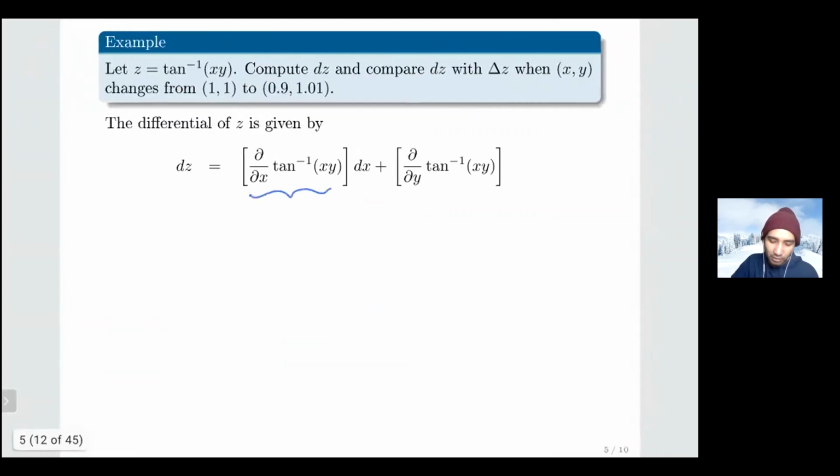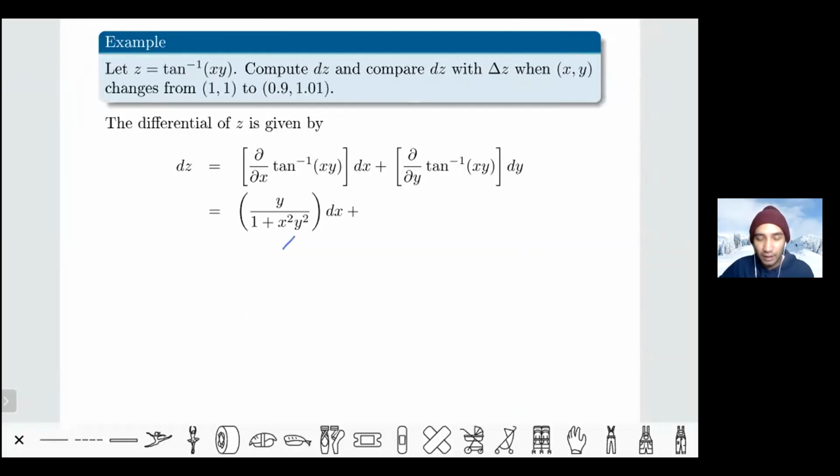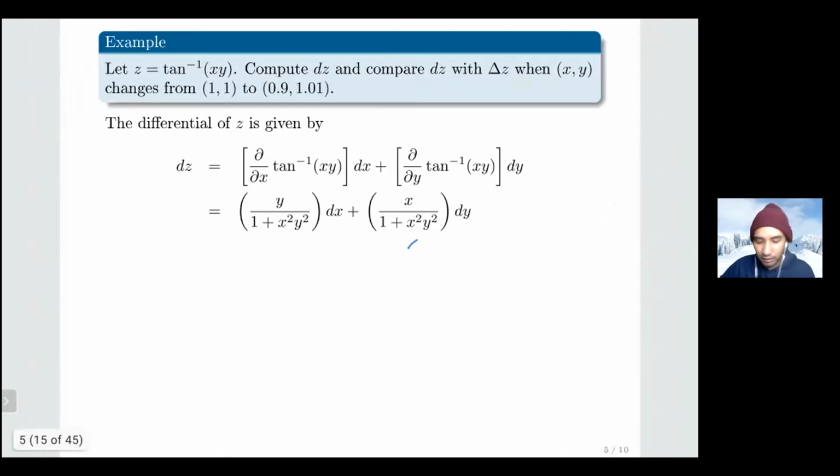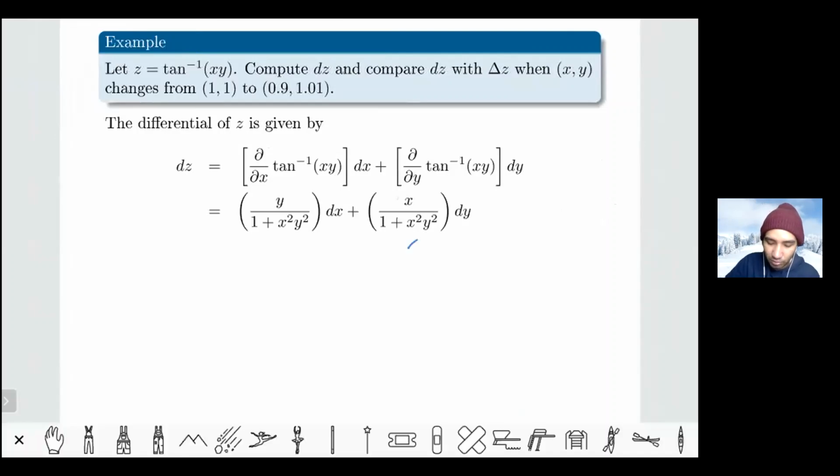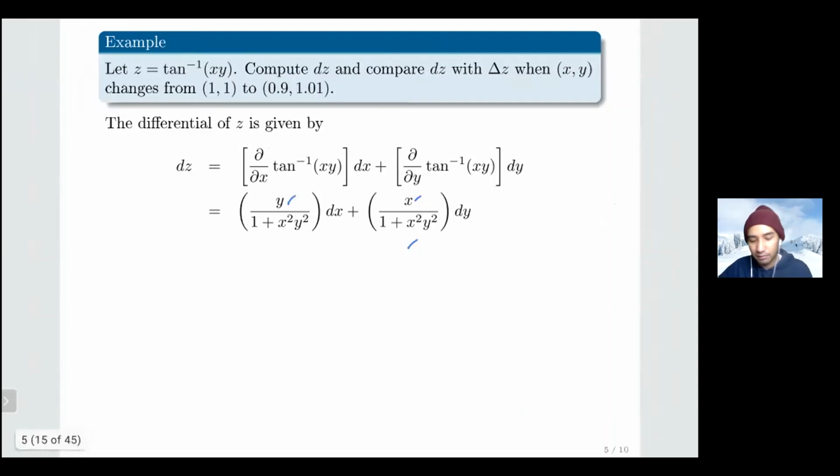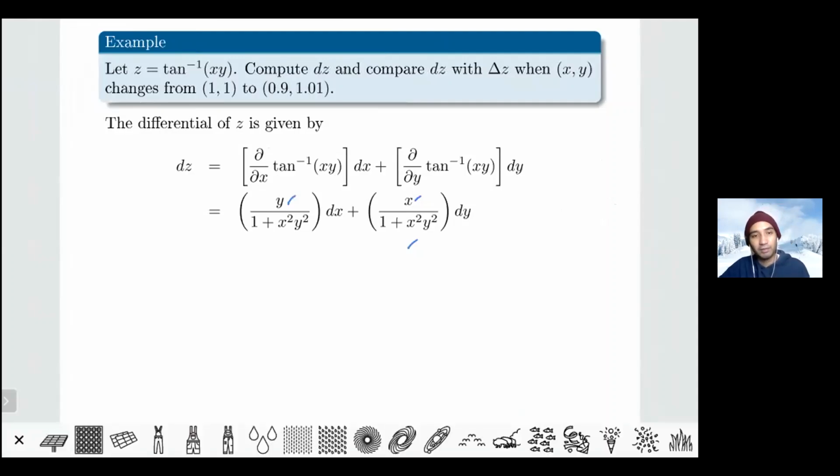Kailangan nyo makuha yung partial derivative with respect to x, tsaka partial derivative with respect to y, and then just multiply those things by dx and dy. So ito yung na-compute natin for the first partial derivative. And similarly, you can check ito yung makakuha nyo. No? Mapapalitan lang yung y sa taas ng x. Yan yung magiging partial with respect to y. So yun na yung unang part, yan yung pag-compute ng dz.